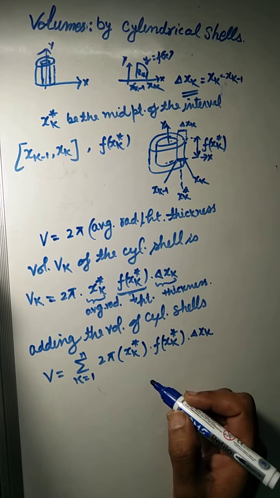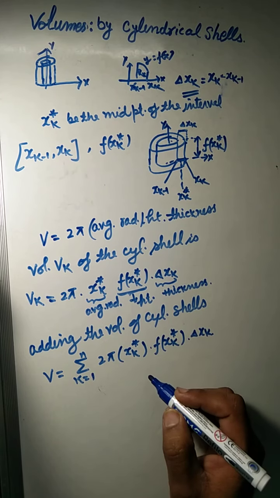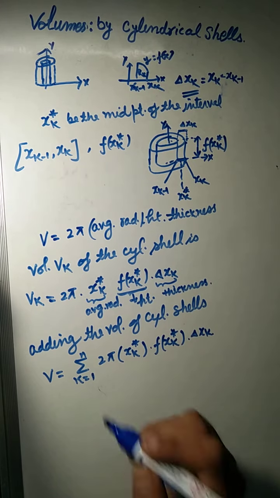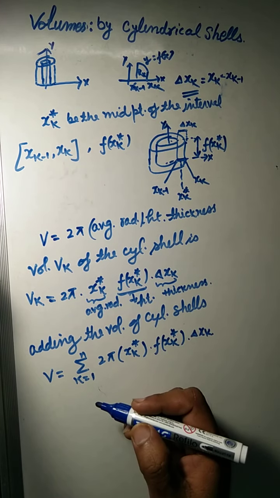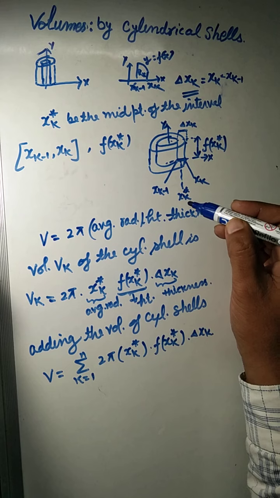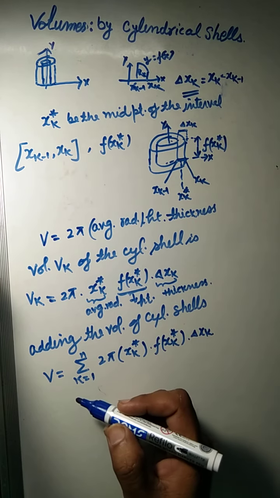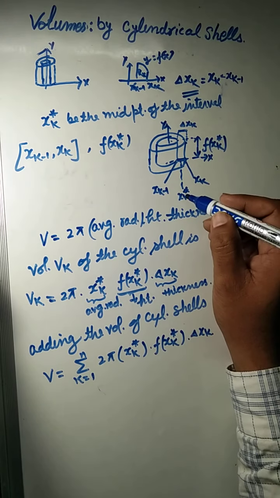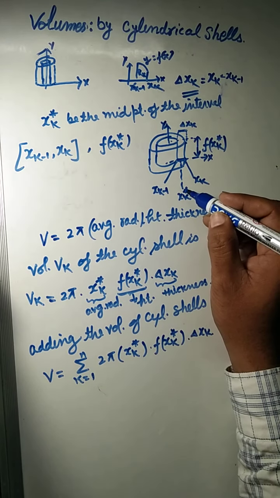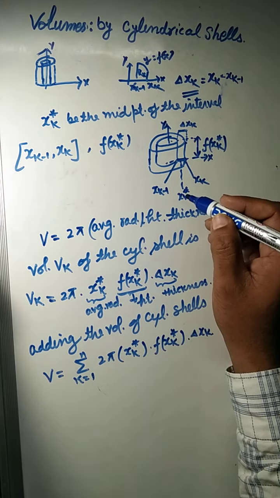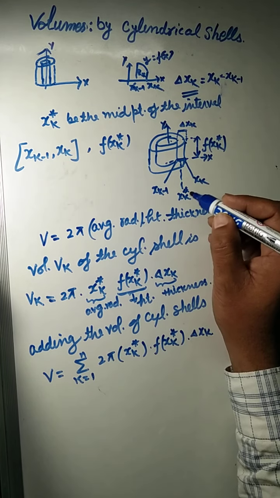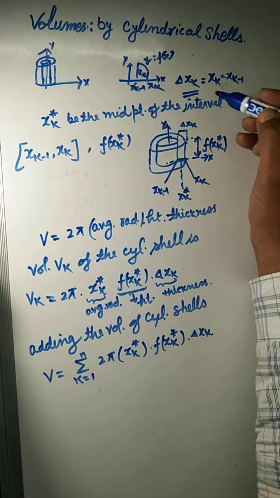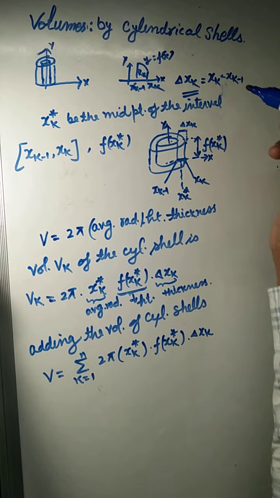And now if n increases, n goes to infinity, and assuming the thickness is negligible, the thickness delta x_k tends to 0.